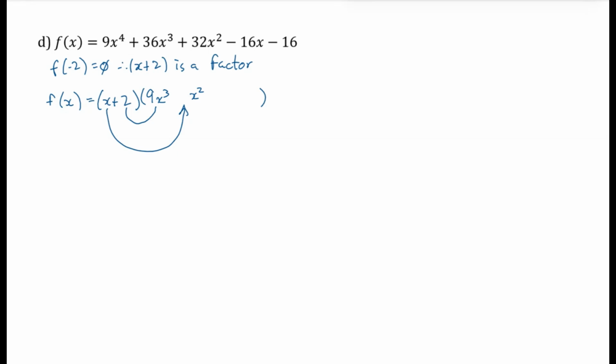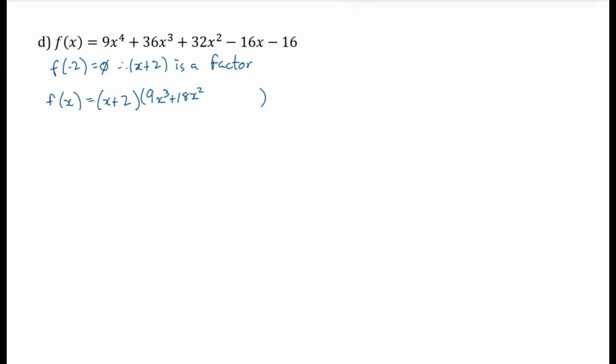So this one and this one have to give me the x cubed. So 2 times 9 gives me 18, and I need 18 more to get to 36. So this is going to be positive 18x squared, so that 2 times 9 is 18, 1 times 18 is 18, 18 plus 18 is 36. It's only ever 2. In this setup, that's how it works.